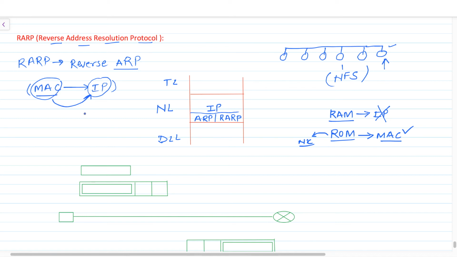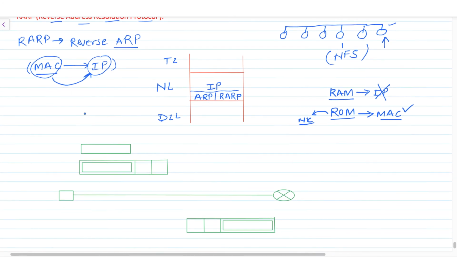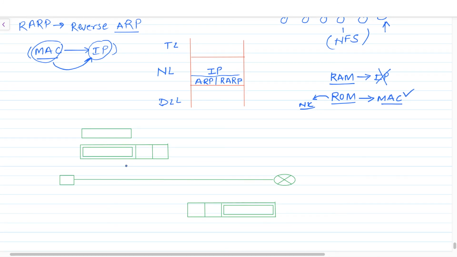So how is this system going to request an IP address through its MAC address? Let's see. Suppose here we have a system, say it is A, and it knows its MAC address only. Now the thing is, whom is it going to ask for its IP address?